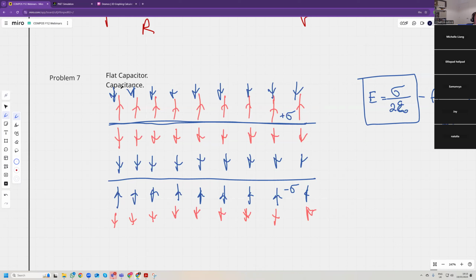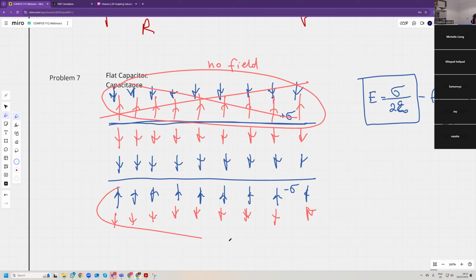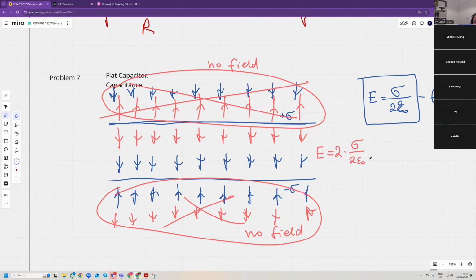And you can see that these two fields, because they're the same, cancel out. So there's no field. And here, these two fields cancel out. No field. And that means that in here, the electric field is 2 times sigma over 2 epsilon naught, which is just sigma over epsilon naught. This is the electric field between two infinitely large plates.